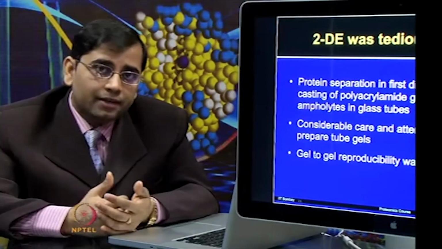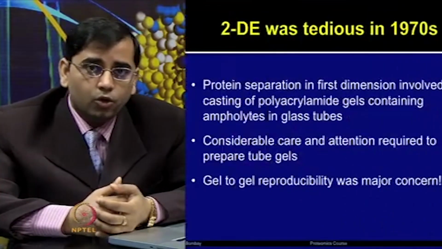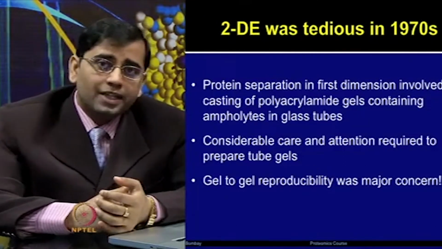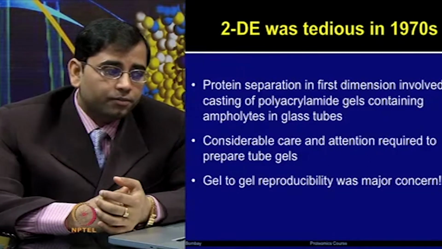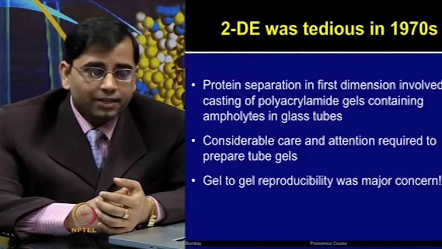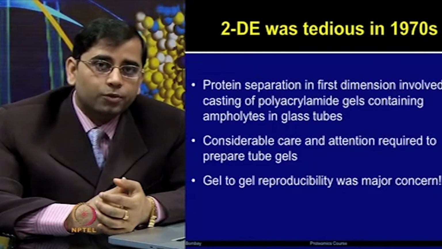When 2D was started in the beginning in the 1970s, it was not a very easy process, because protein separation in the first dimension involved casting polyacrylamide gels containing ampholytes in glass tubes.